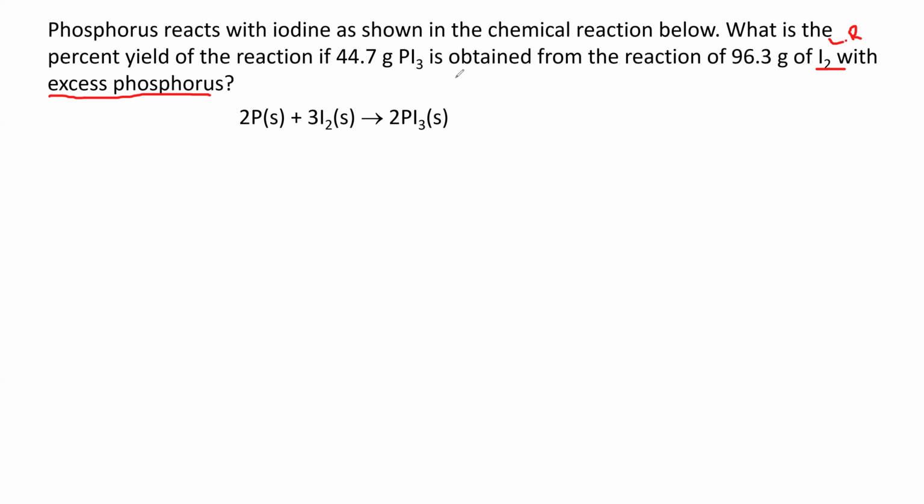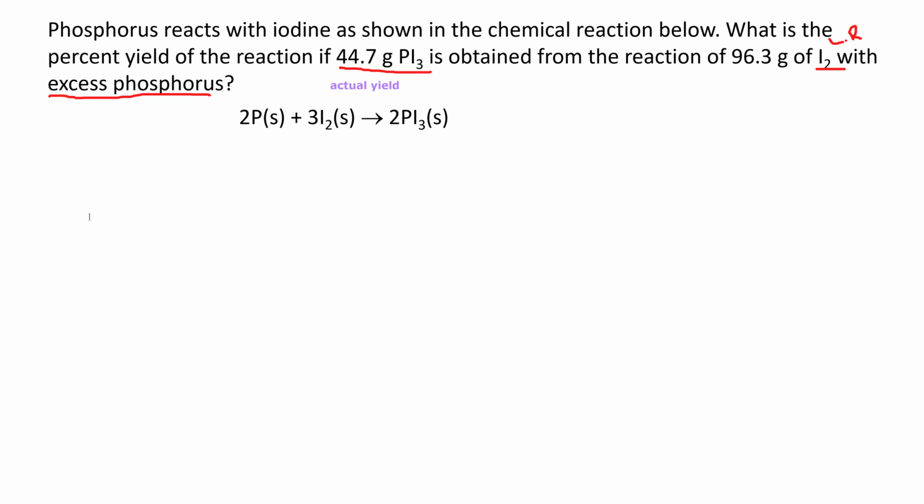The second thing we should note in this problem is the 44.7 grams of phosphorus triiodide. This would be referred to as our actual yield. So this is when we did the experiment. This is the amount we actually obtained.